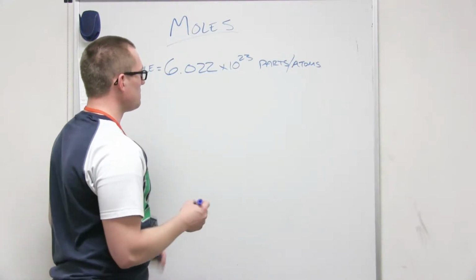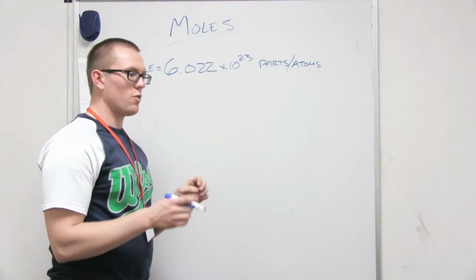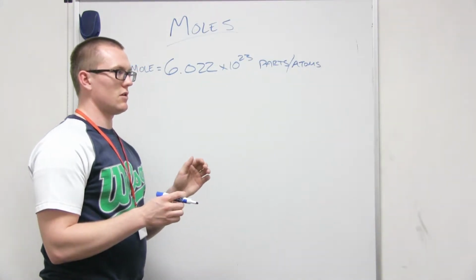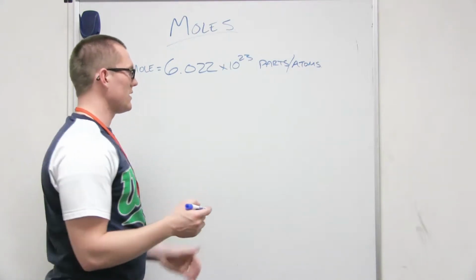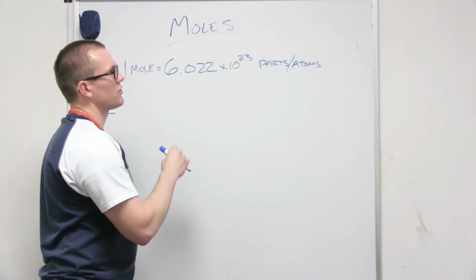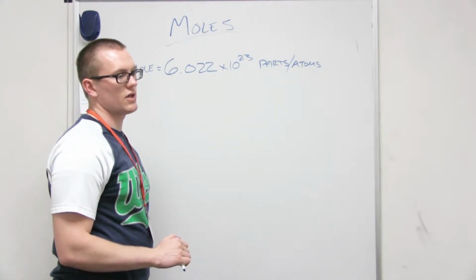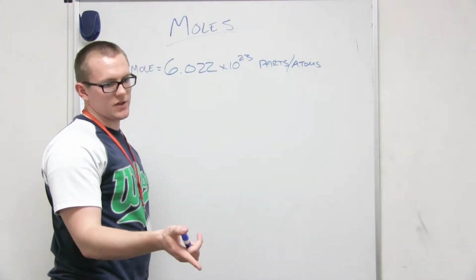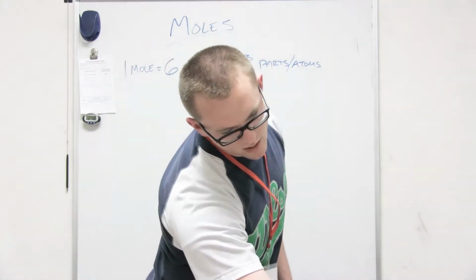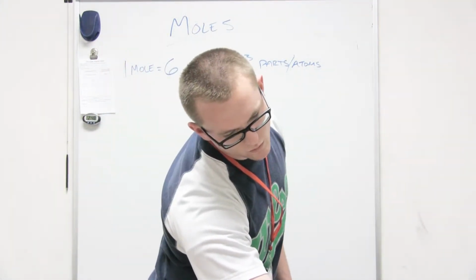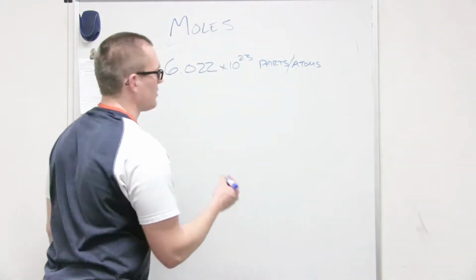For example, the atomic weight that you see on the periodic table is how many grams per 1 mole a substance weighs. And for that example you had for iron, 1 mole of iron is equal to 55.85 grams.